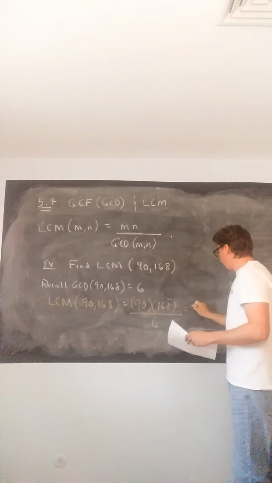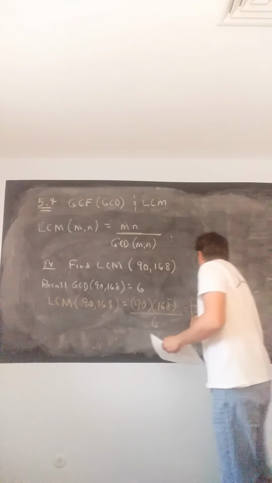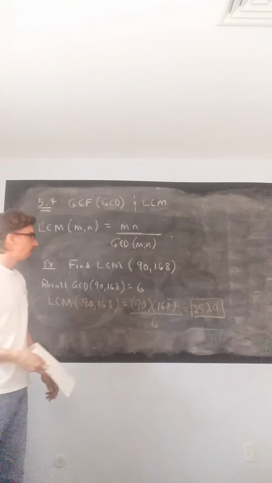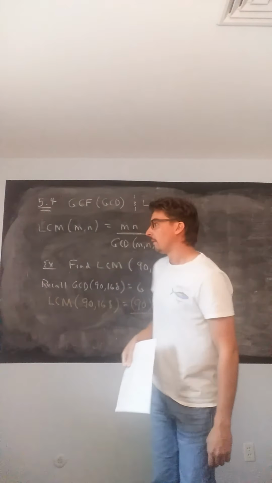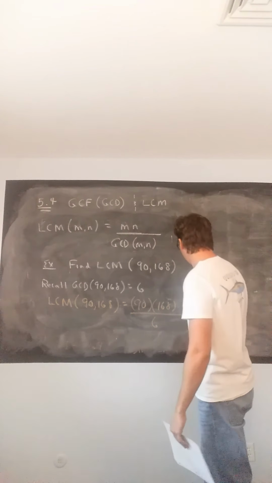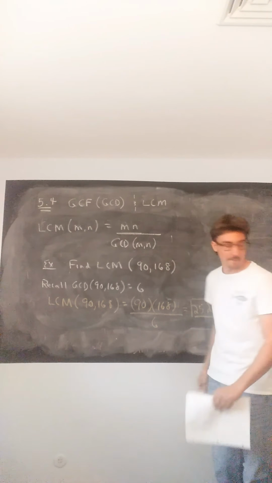So if you take care of this right here, you're going to get 2,520, and that's what the least common multiple would be. And you could go back and look at some of the other examples from your notes in the textbook, and you'll be able to check your work and see if you can do this. It's very simple.